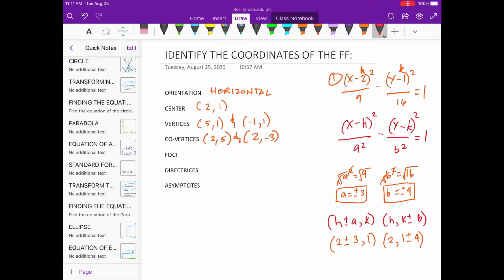For the foci, we need this formula. So let's solve first the value of c.